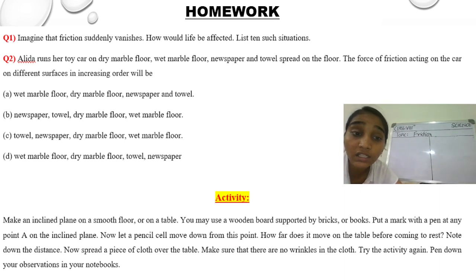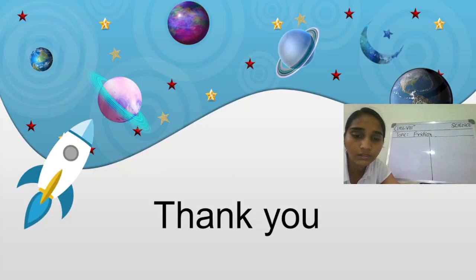Note down the distance. Now spread a piece of cloth over the table and make sure there are no wrinkles in the cloth. Try this activity again and then pen down your observations. What do you observe by performing these two different situations in this activity? Okay, so thank you students.